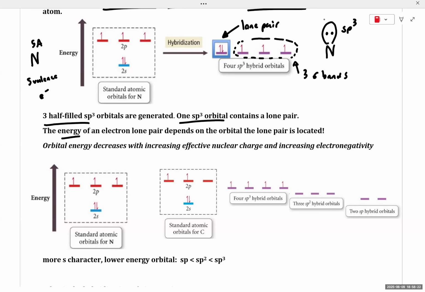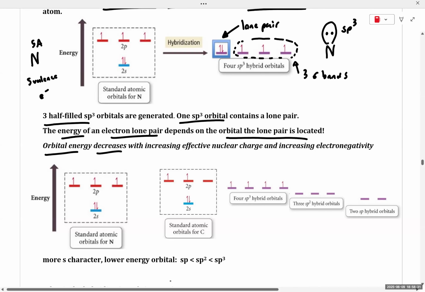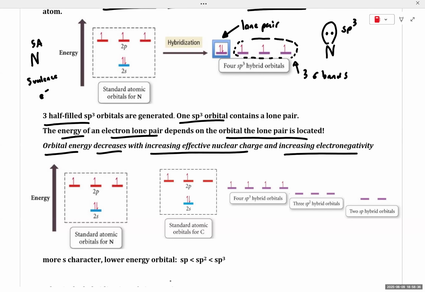Importantly, the energy of an electron lone pair depends on the orbital in which the lone pair is located. As we discussed, orbital energy decreases with increasing effective nuclear charge and increasing electronegativity.